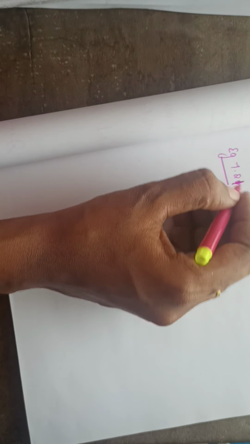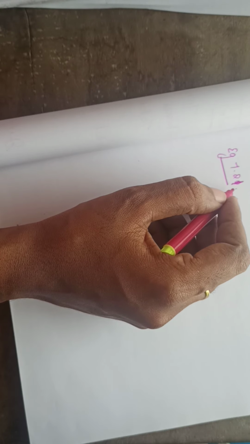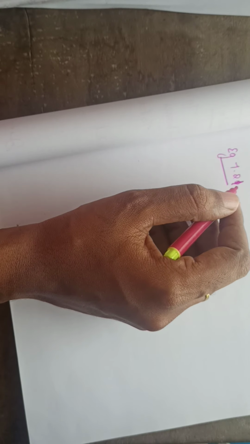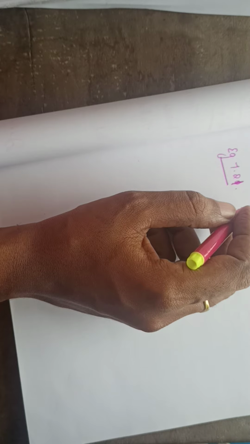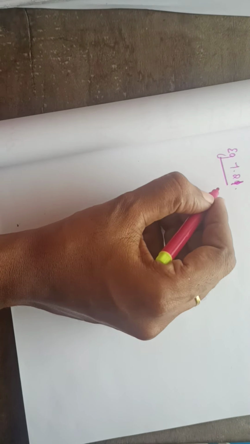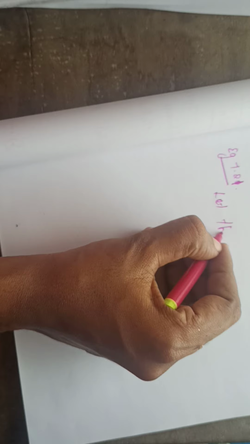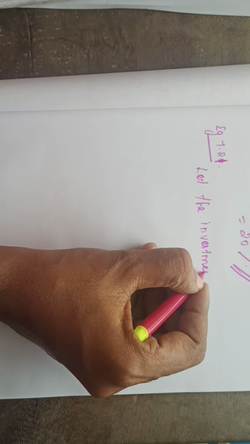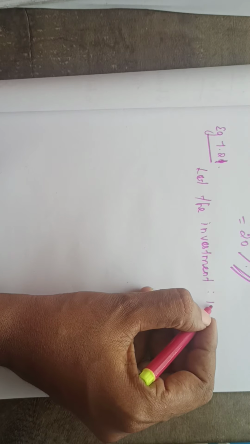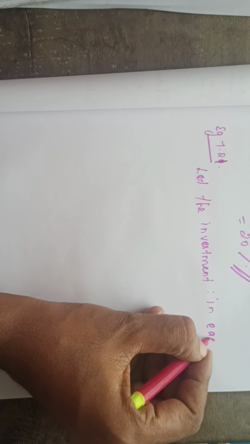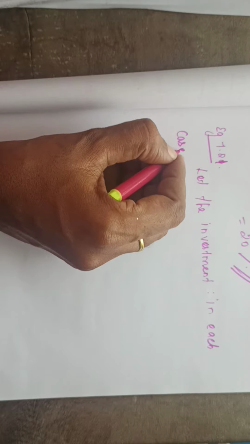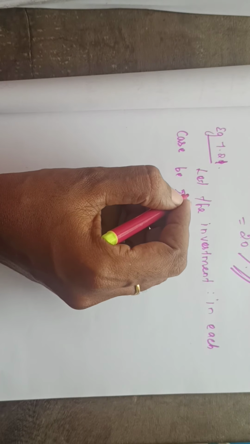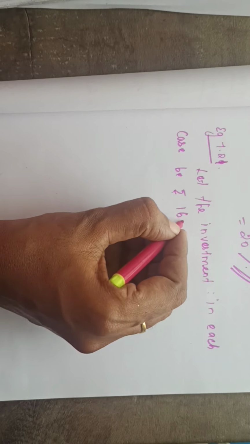Example 7.21. Which is better investment? 12% rupees 20 shares at 16, or 15% rupees 20 shares at 24? Which is better? So let the investment in each case be rupees 16 into 24.